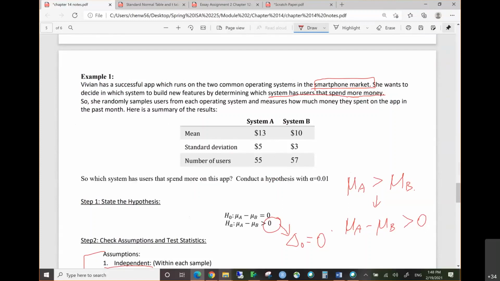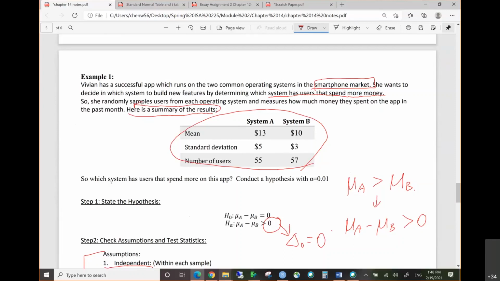Yes. So when you read the question, the information we have is all about this table. What is this table? This is the summary of the results of these 2 samples. She randomly selected users from each operating system, and measured how much money they spent on the app in the past month.